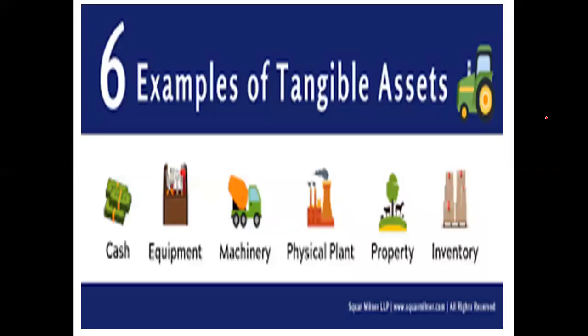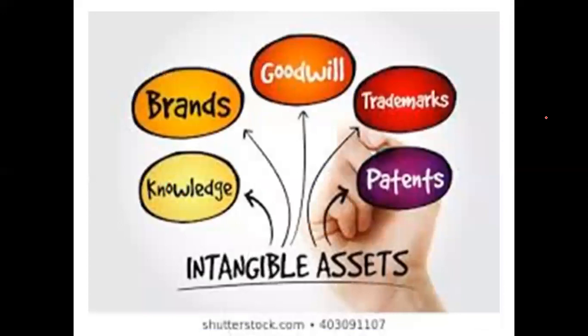In tangible assets, we are counting cash, equipment, machinery, physical plant, property, inventory, etc. But in intangible assets, we have knowledge, brands, trademarks, patents, goodwill, etc. And goodwill is also our intangible asset.